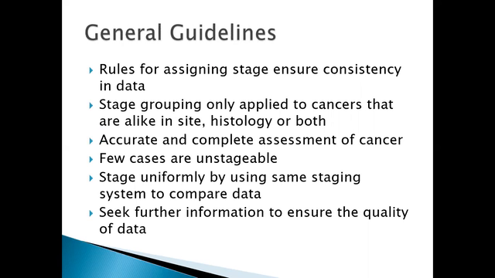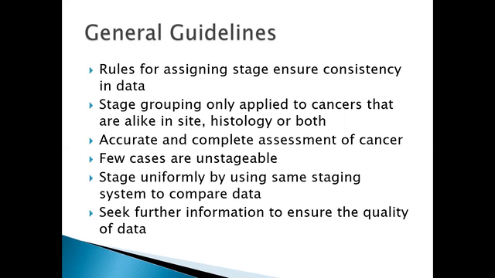There are general guidelines for all staging systems, and they consist of rules for assigning the stage, including timing rules, to ensure that there is consistency within the data. Stage grouping can only be applied to cancers that are alike in site, histology, or both.